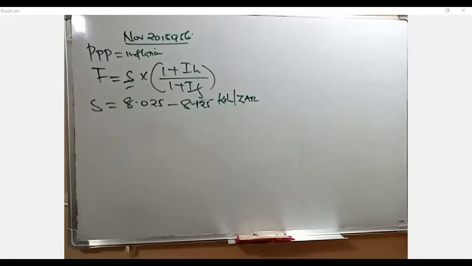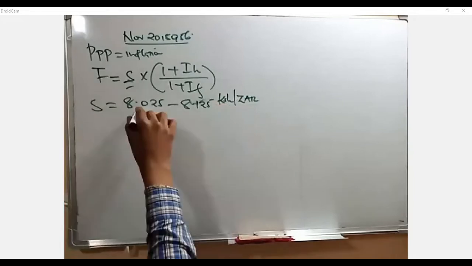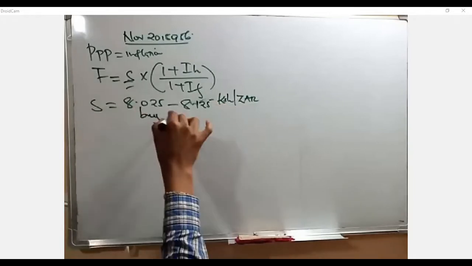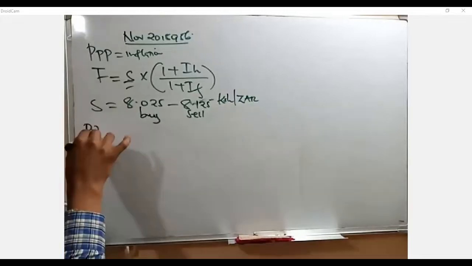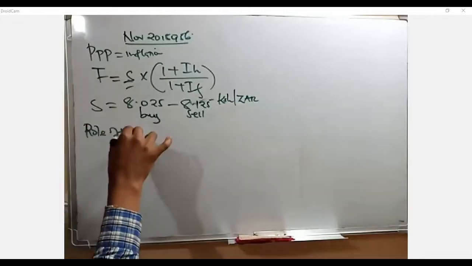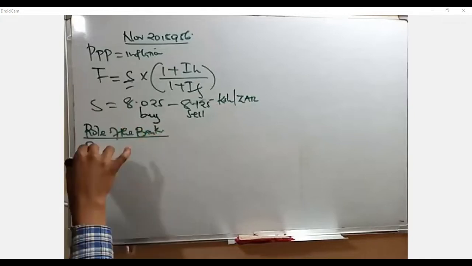So I go back to my question, and I determine: a large manufacturing firm based in Kenya is tendering for an order. This is a receipt. So in this case, I have to determine which is to buy and which is to sell. We are talking about the role of the bank, because we are talking about a receipt.